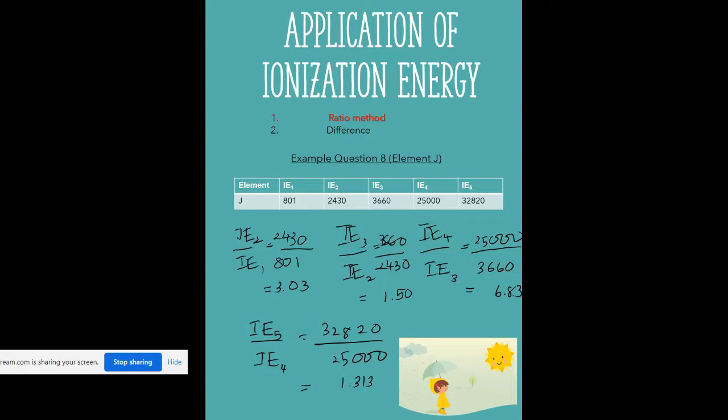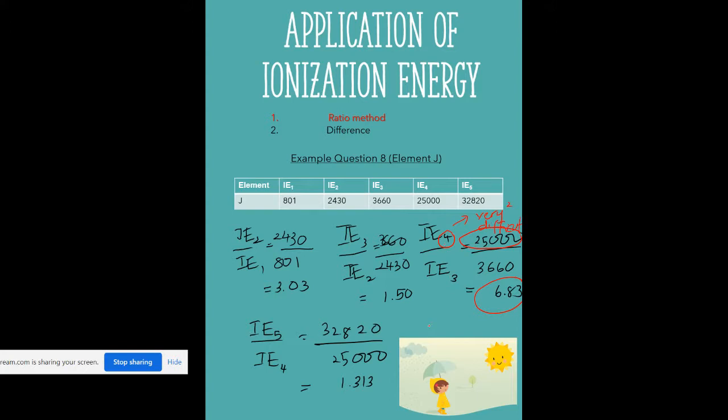Now, look for the highest ratio. In this case, it is 6.83. What does this mean? When the ratio is high, that means the number above is very, very high compared with the number before. In this case, that means removing the fourth electron is very, very difficult compared with removing the third electron.